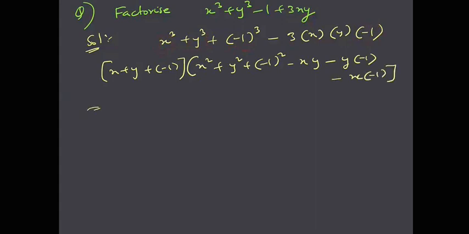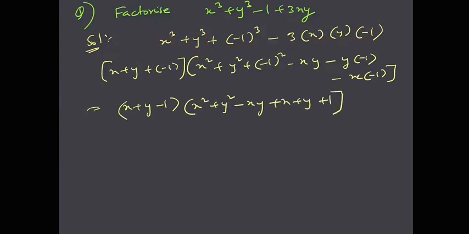Okay, so then this is x plus y minus 1 into x square plus y square minus xy plus x plus y plus 1. So these are the two factors of the given expression. So you just copy down the solution and then we can move further. Fine. Let us take another question.